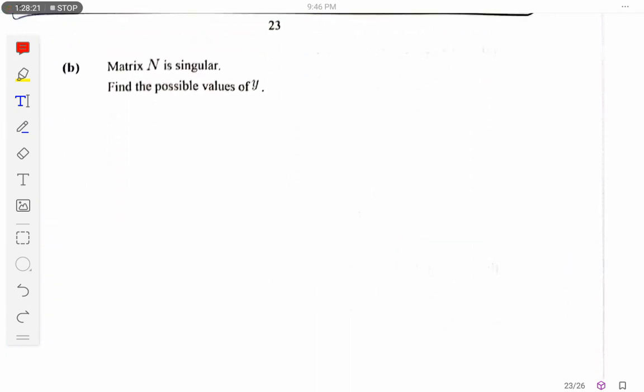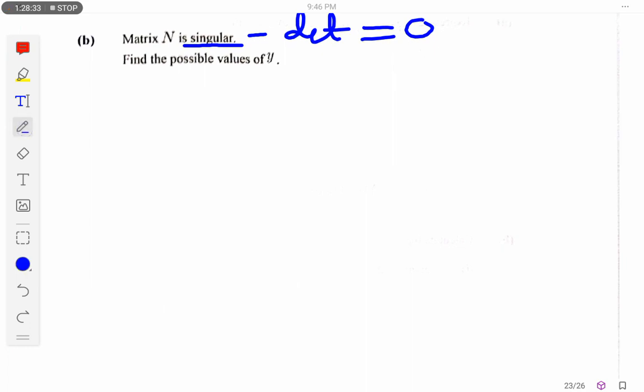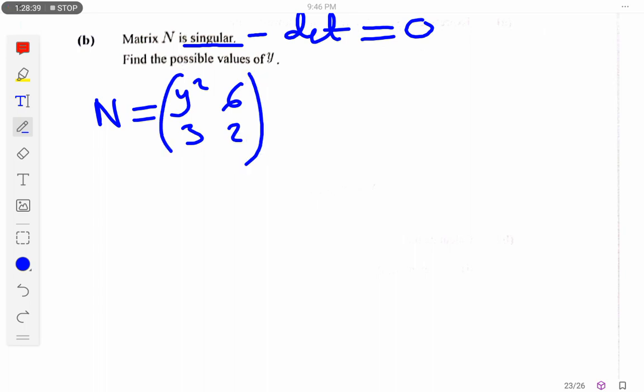Matrix N is singular. So basically when they say singular, it means its determinant is equal to 0. Then they say find the possible values of y. This is our N, which is y squared, 3, 6, and 2. Remember we said this is our A, B, C, D, and our determinant is equal to AD minus BC.